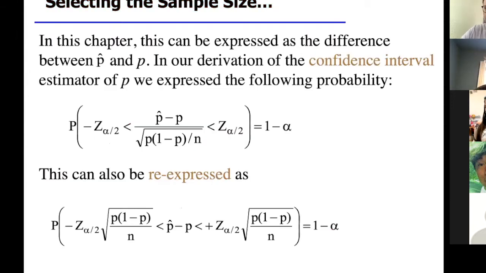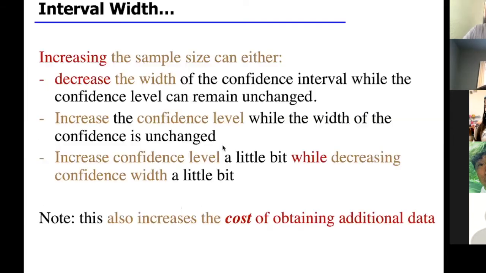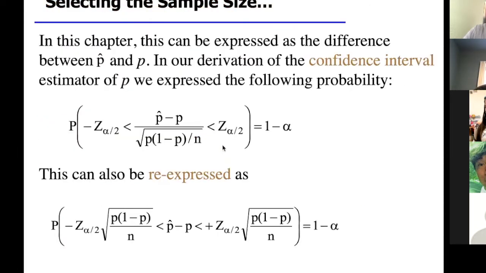On the other hand, we know that for proportions, for example, we have that confidence interval of 1 minus alpha. And we know that the probability of, so this is derived directly from the z-score formula, okay?